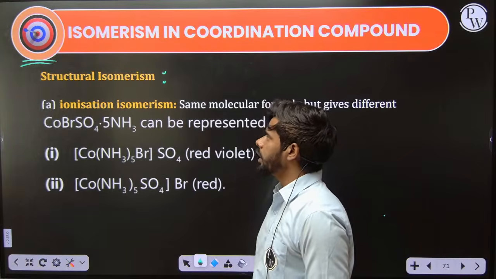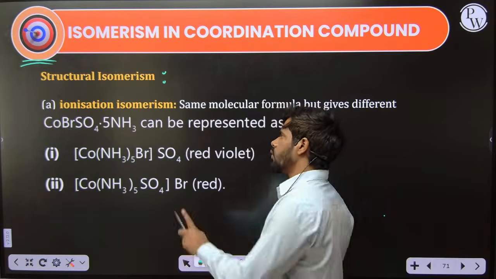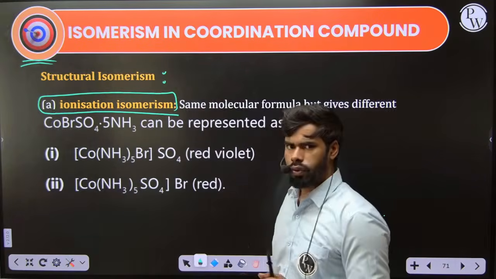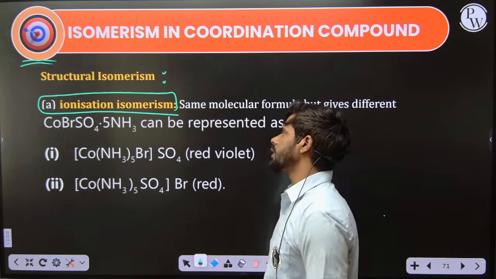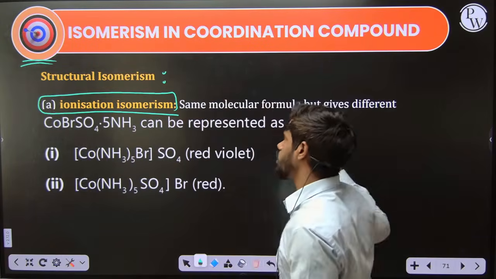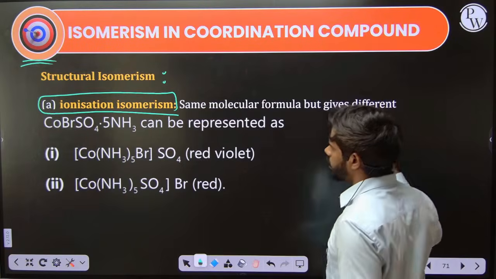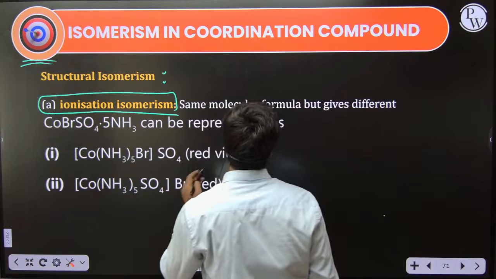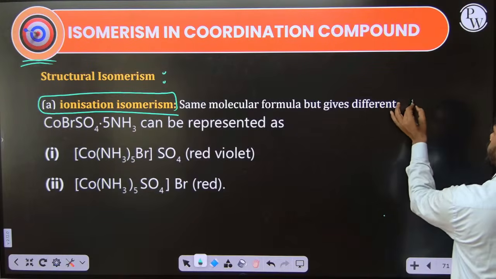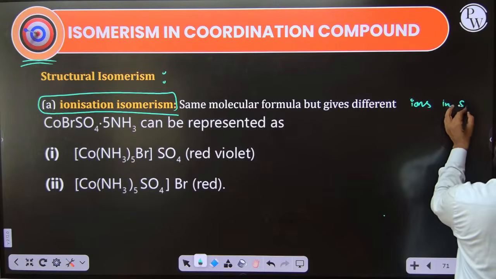If the bonding connectivity is different, then we can say it is structural isomerism. Structural isomerism can be divided into four types. The first is ionization isomerism: the same molecular formula but having different ions in solution.